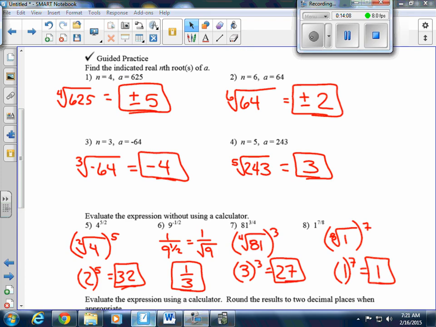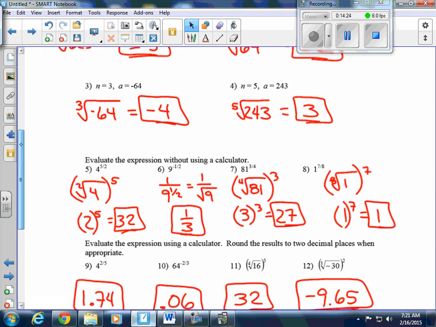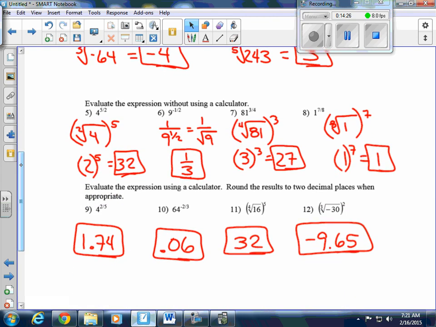And here are the answers to the guided practice questions. Notice the numbers 1 and 2, they're both even indexes, so we have the plus or minuses there. And numbers 3 and 4, they're odd indexes, so you only have one answer. Numbers 5 through 8, we change them into radical form.